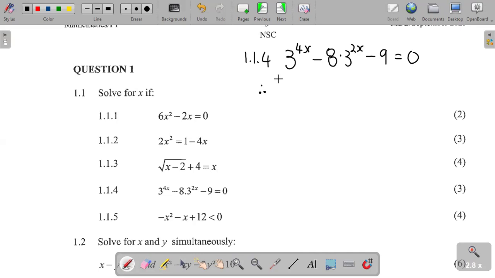So therefore, now, okay, we want to reduce this thing too. So we can say 3 to the exponent 2x, and then squared, minus 8, and then 3 to the exponent 2x, and then minus 9 equals to 0. And then we can try to find the factors here, isn't it? We can do like this.